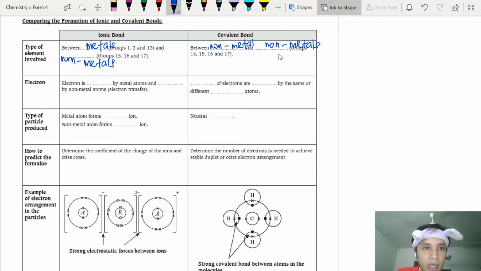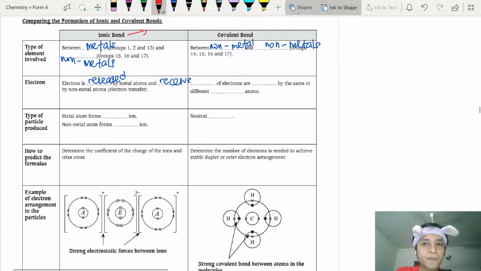And then ionic bond, remember, this one is about transfer of electron. So the metal atom will release the electron, whereas the non-metal atoms are going to receive, or accept. So that is ionic bond. Covalent bond, remember, is about sharing. So you need to remember the key difference.